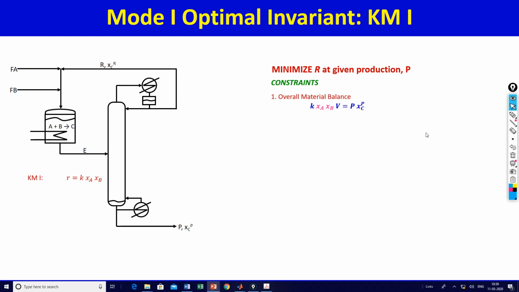We want a relationship, we want to get recycle rate in terms of XA and XB. So what I want to say is there are 2 unconstrained degrees of freedom corresponding to the fresh feeds. One goes for production, the other we don't know what we're going to do with it. We want an optimal control law.